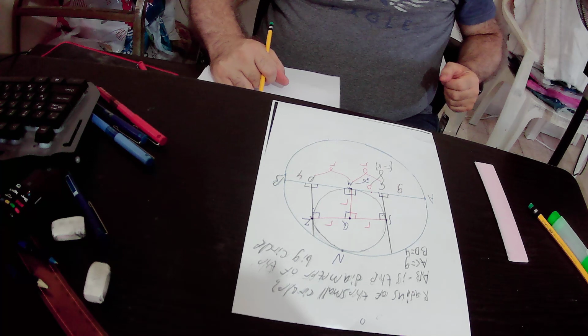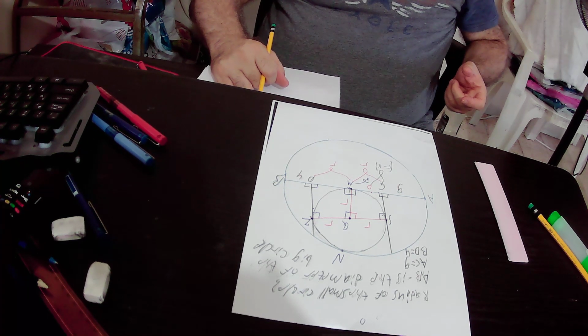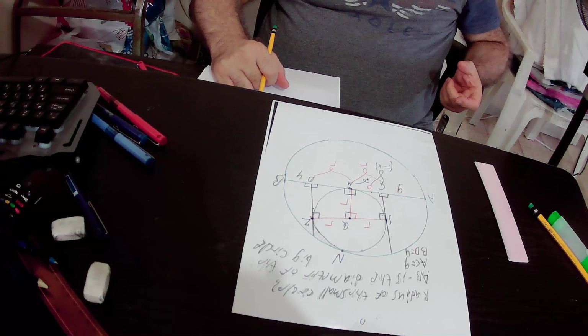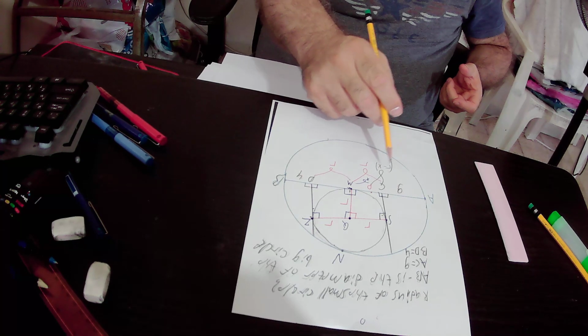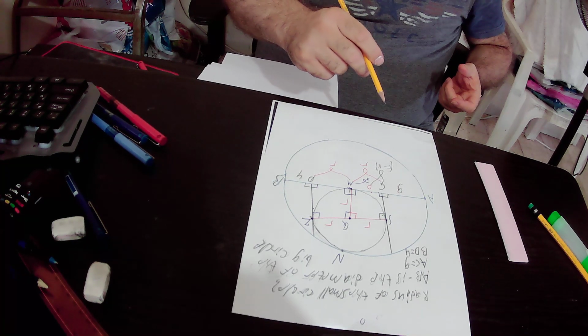Okay, so we create two equations that are actually the expressions of the radius of the big circle in two different ways.